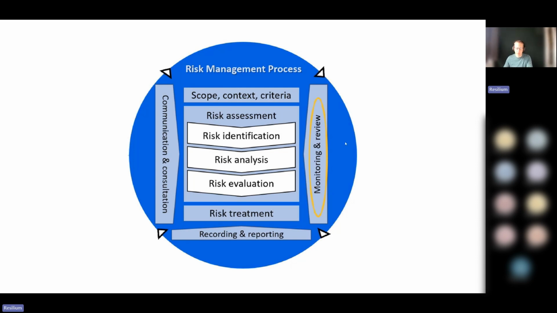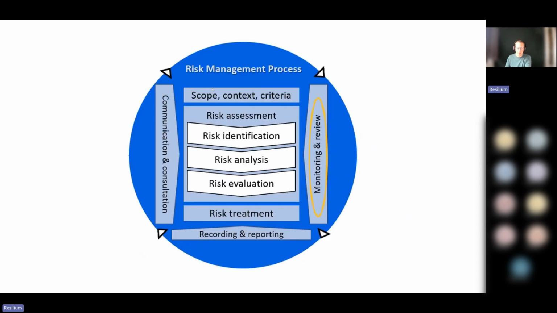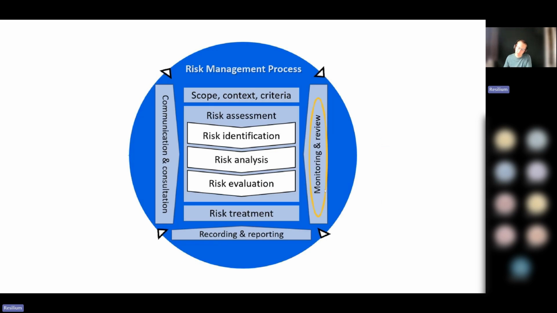I think mainly when people think risk management, they're working along the center part: setting your scope and your context, doing an actual risk assessment, and then there are some actions that come from that, which you implement to get your risk down to an acceptable level. But there's also this monitoring and review part to the side.